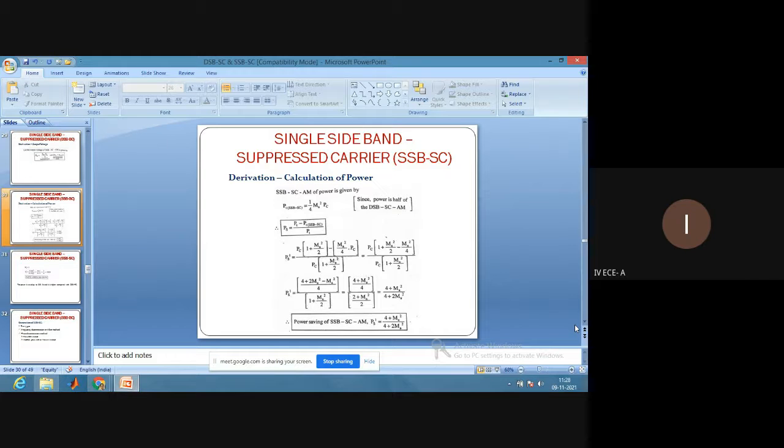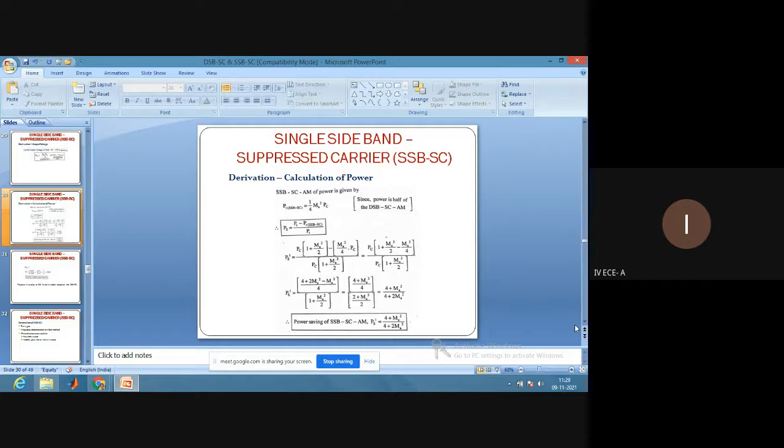Let us derive the power for this SSB-SC system. The total power requirement for this SSB-SC is given by the formula 1/4 ma² Pc. Power saving can be derived by using the formula Ps = (Pt − Pt SSB-SC) / Pt.